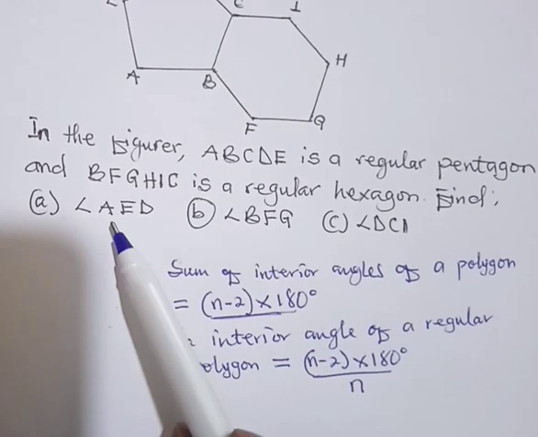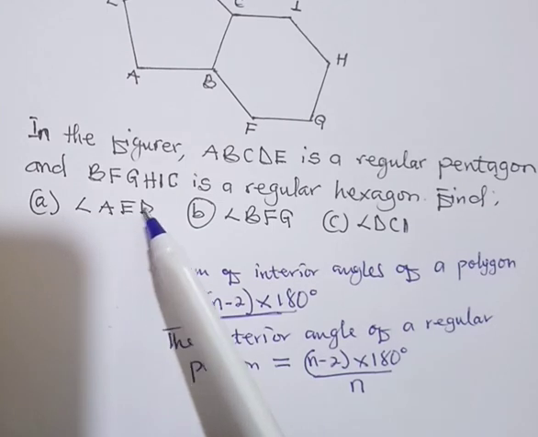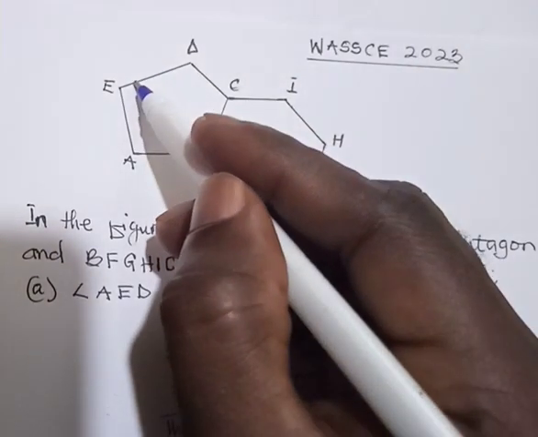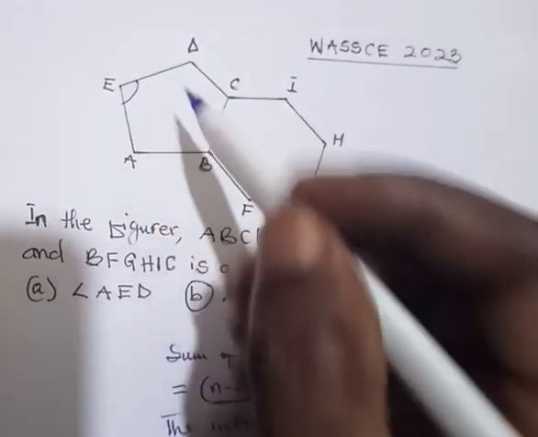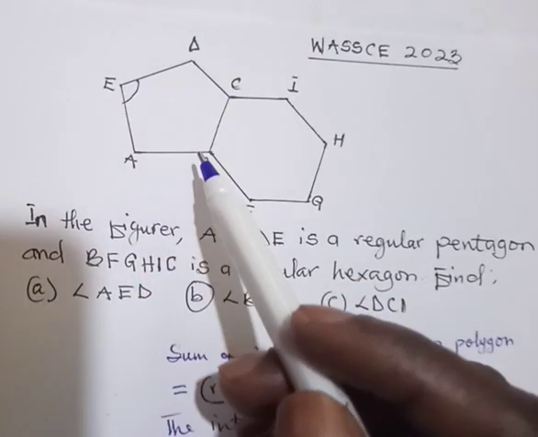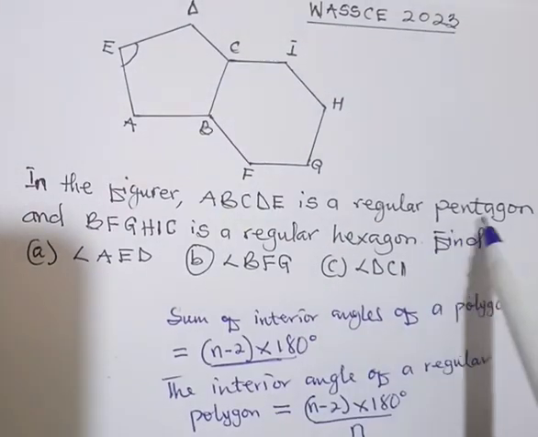Going back to the question, it says we should find angle AED. So let's look at angle AED in the question. We are looking at this particular angle here. Once you are able to find one of them, the rest of the angles are also the same. So let's look at the pentagon first.